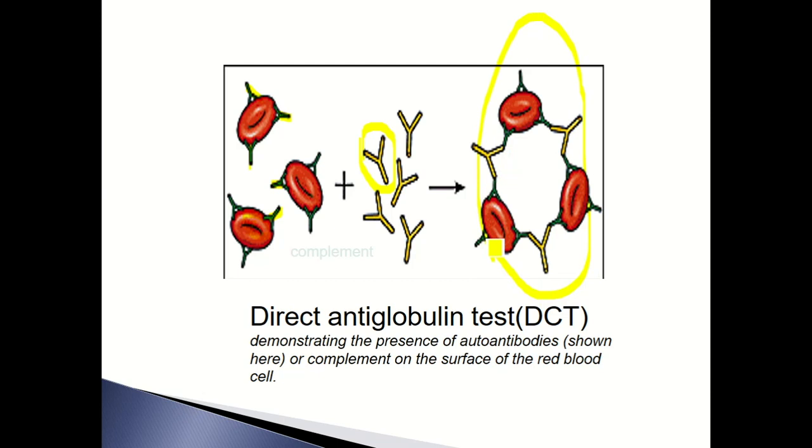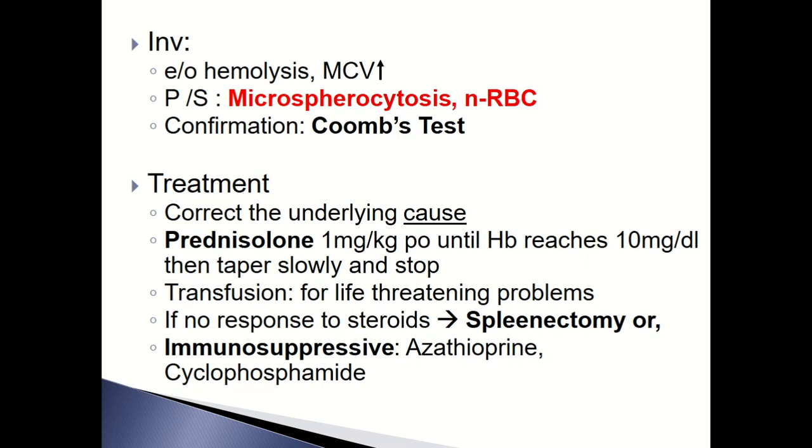This suggests a positive direct Coombs test, suggestive of autoimmune hemolytic anemia. So the constant finding is evidence of hemolysis, peripheral smear microspherocytosis, NRBCs, and the confirmatory test is the Coombs test. Treat the underlying cause, give steroids, splenectomy, and go for some immunosuppressive drugs.